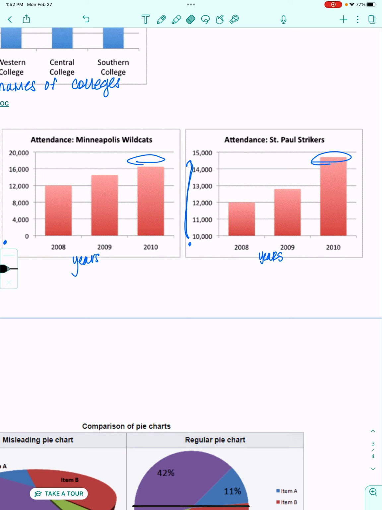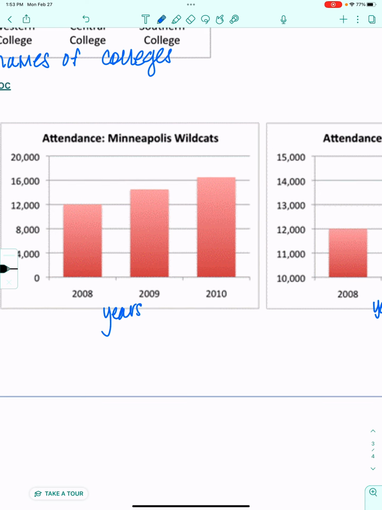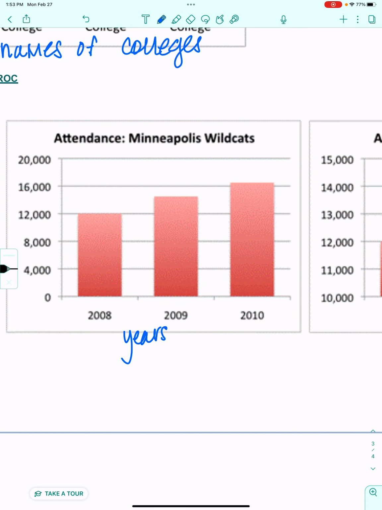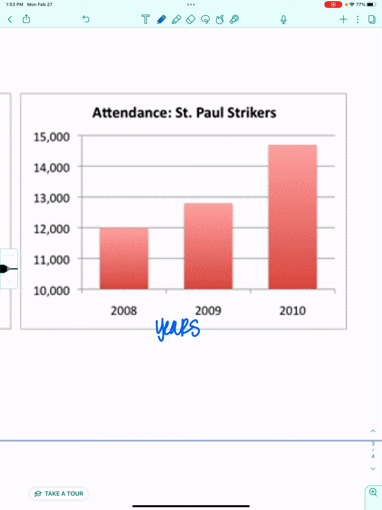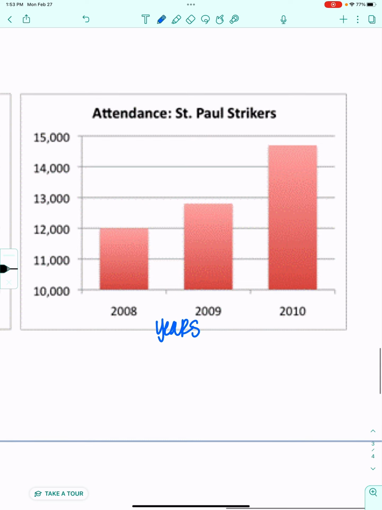But when I go and compare them, if we assume that the vertical axis is people attending the game, when I look at how the graph is scaled, this looks like it's just above 16,000 people. Maybe this is 16,500 people. When I go look at the graph for the Strikers, this might be 14,500, maybe 700.